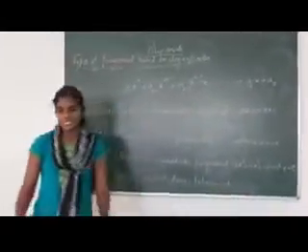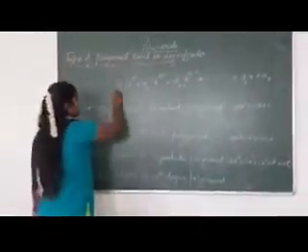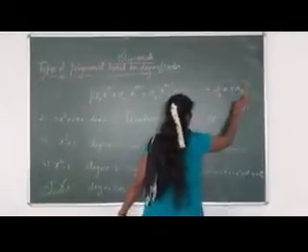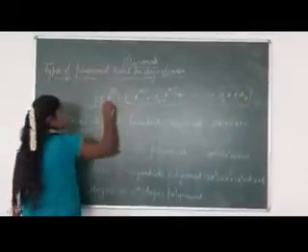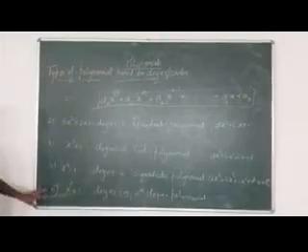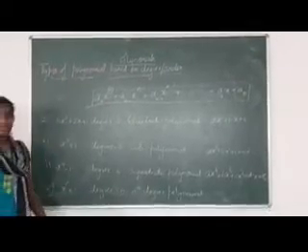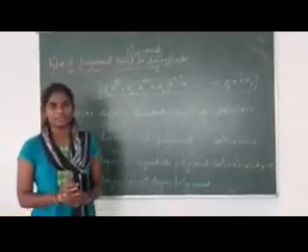So this is the general form of the nth degree polynomial. Here the power is n, therefore it is an nth degree polynomial. So this is about the types of a polynomial based on the degree.